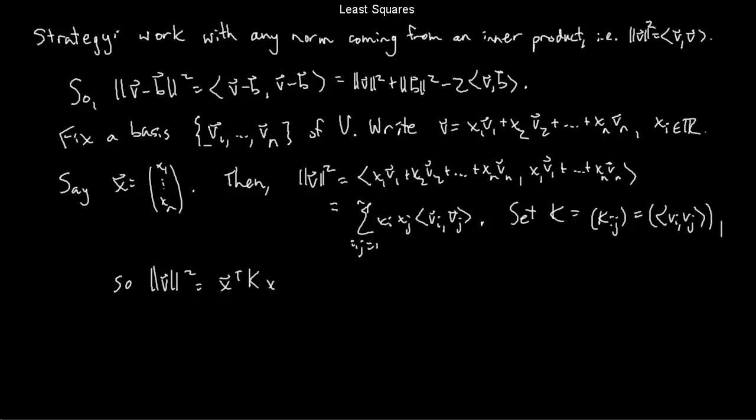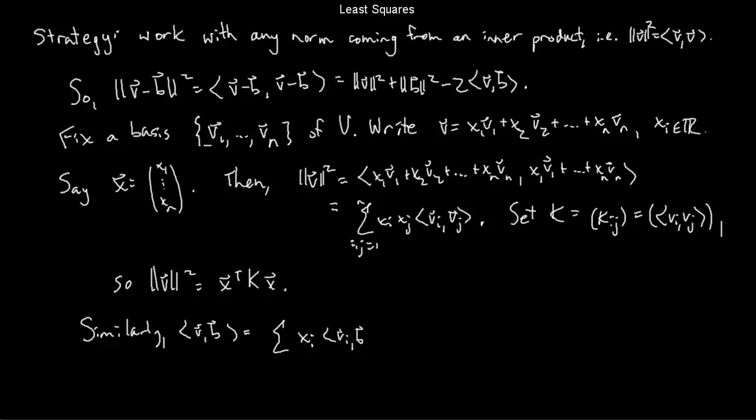So what is the norm of v squared then? It's just x transpose Kx. Very similarly, we're just decomposing each term in our norm of v minus b squared.